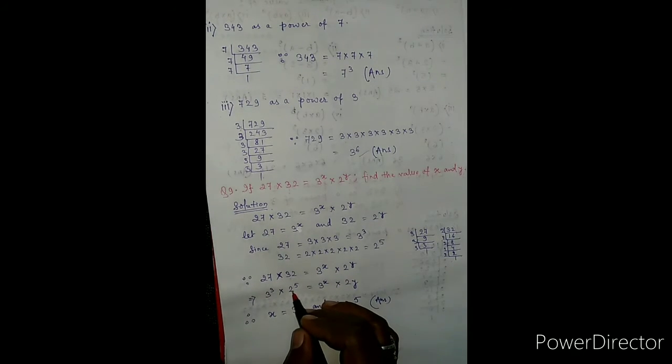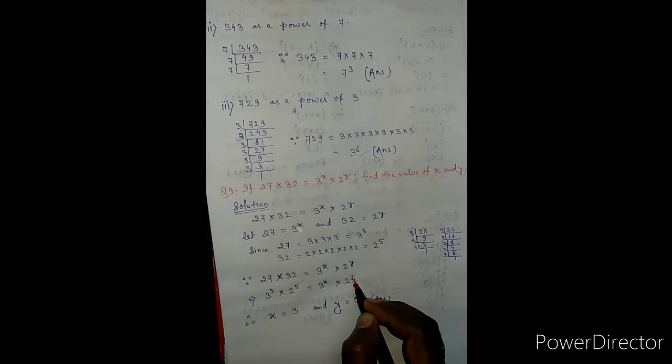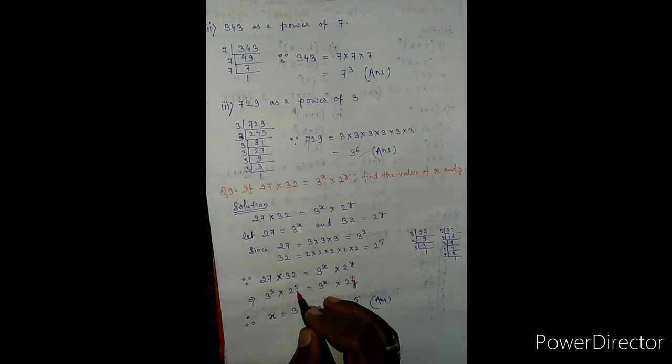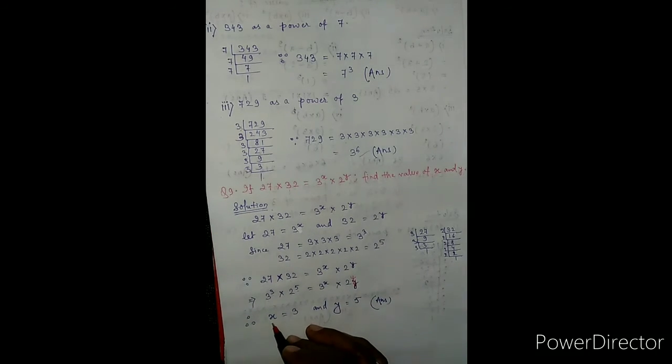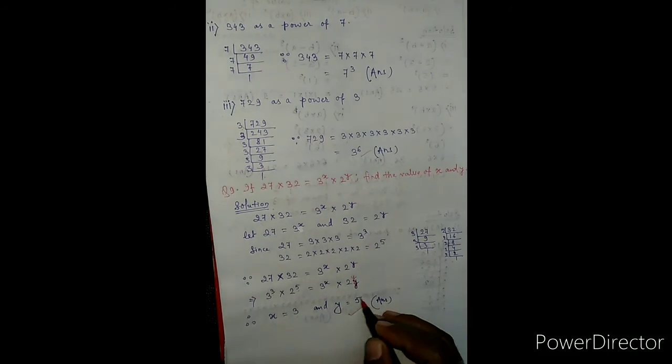Same, 2 is the base here, and also there, and y is its power. So in place of y it's 5, so we can say y is equal to 5. So here we can see x is equal to 3 and y is equal to 5. This is the answer for this question.